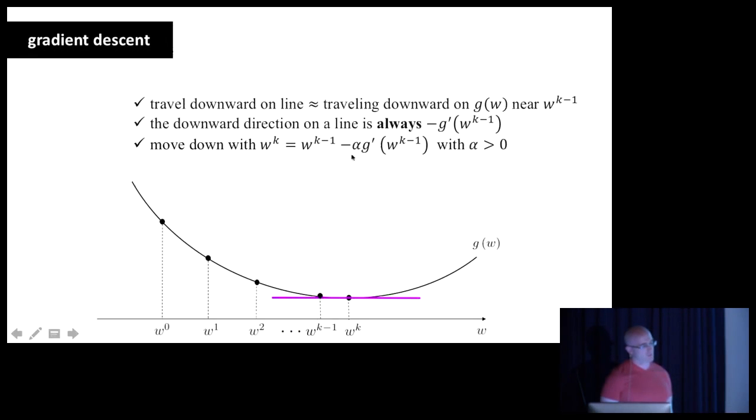I would say Wk minus alpha g prime of Wk. But the derivative there, the slope of that line, is 0. So I would just be saying Wk plus 1 equals Wk. So I won't go anywhere. If I'm at the minimum or close to the minimum, the derivative is 0, so this thing doesn't take you anywhere. So it both gets you down the hill and it makes you stop.